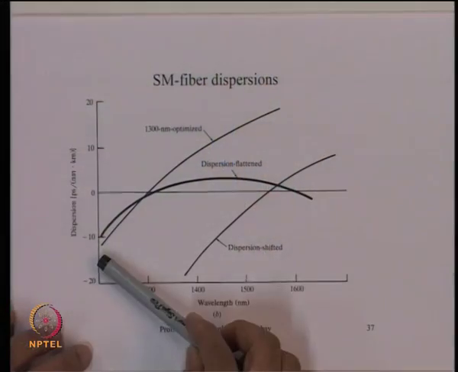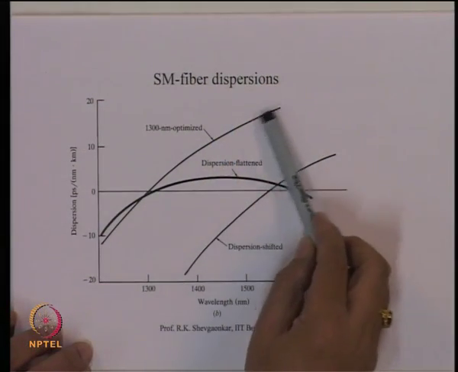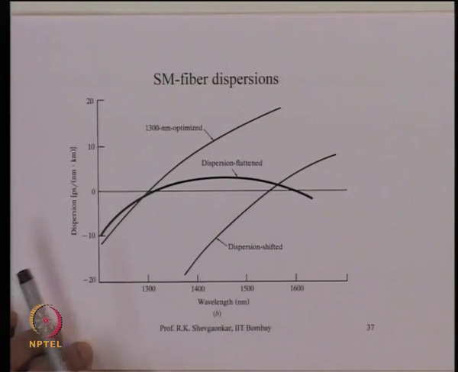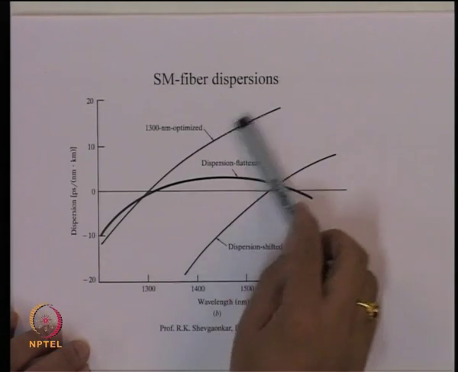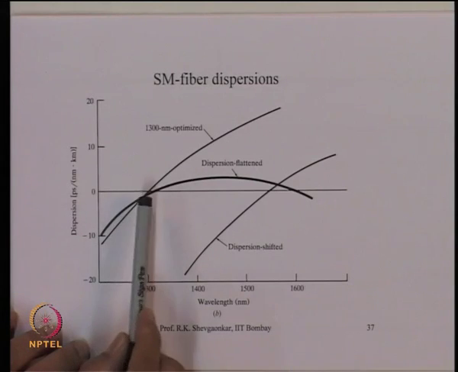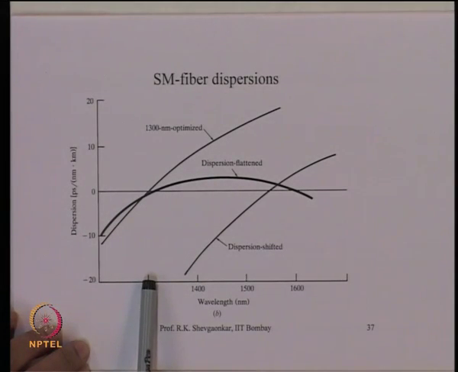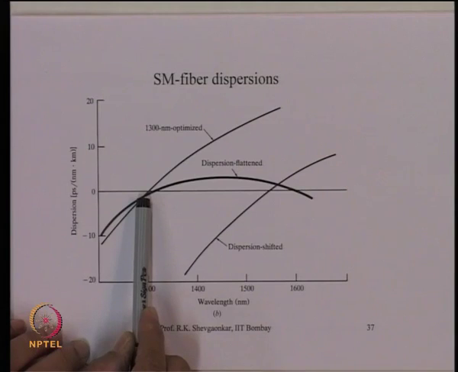So, initially the fiber dispersion characteristic was something like this. This is the wavelength axis going from about 1200 nanometer to about 1700 nanometer. Dispersion goes like that. This is the wavelength of 1310 nanometer, where the single mode optical fiber has zero dispersion.